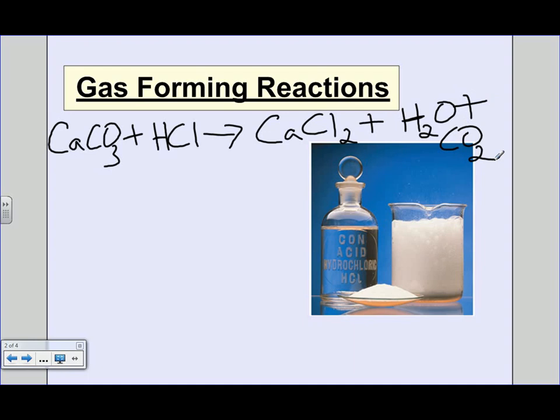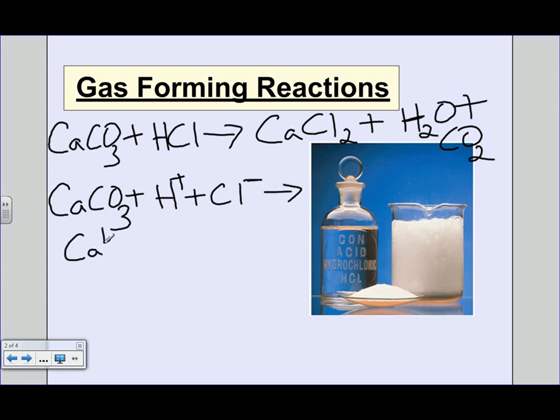So in this case, since calcium carbonate is a solid, we would leave that formula together. We don't ionize it. We would ionize the hydrochloric acid, H+ plus Cl minus, and that's going to make our soluble salt, calcium cation plus 2 chloride anions.